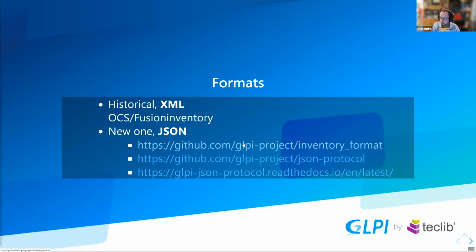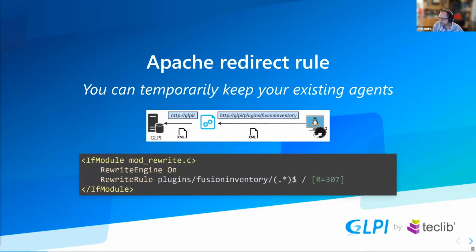As I said, we have two formats, the former one in XML and the new one in JSON, and you have some URLs to know more about the JSON format. And as I said, we support all the XML formats of OCS and Fusion Inventory. So for now, you can keep your existing Fusion Inventory agent, as we support its XML format.